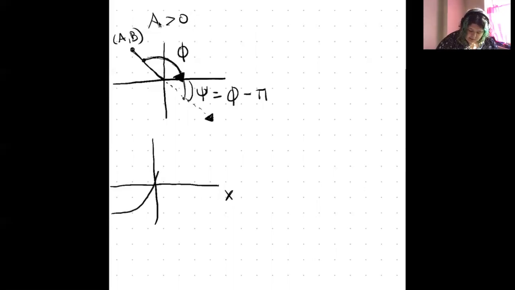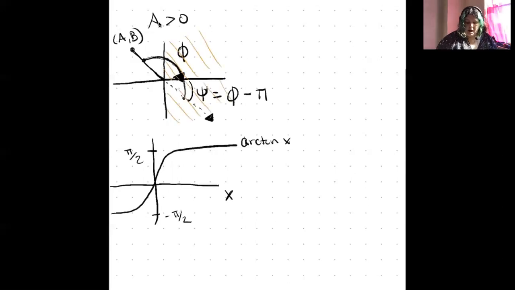Arctan ends up looking like this. So this is arctan of x. So it goes between pi over 2 and minus pi over 2. So whenever we're in this quadrant and this quadrant, we're in that pi over 2 to minus pi over 2, and we don't have to worry about doing anything fancy with it.